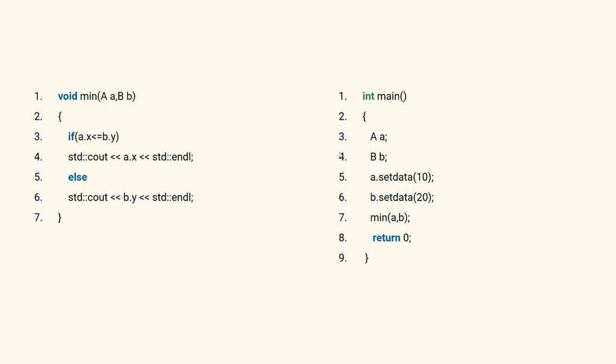Next, in the main function, you are declaring A a and B b. We are writing a.setData(10), b.setData(20), and you are calling the function min of a comma b.